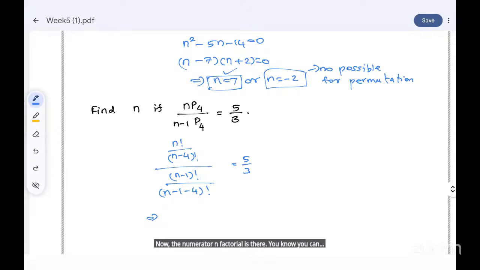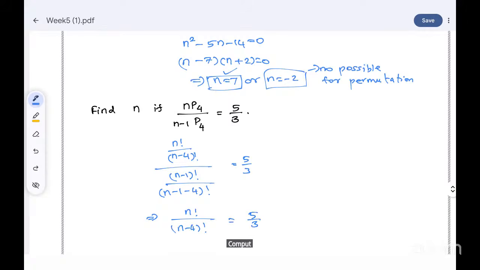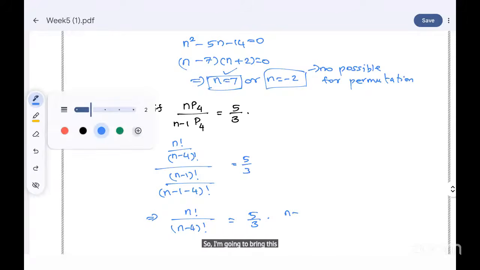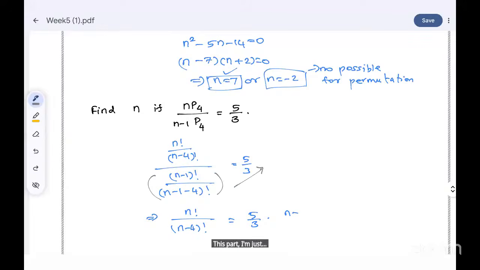First of all, let's write it in this way so that it's easier for computations. So I'm going to bring this part here. So n minus 1 factorial by n minus 5 factorial.